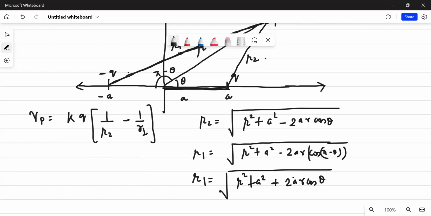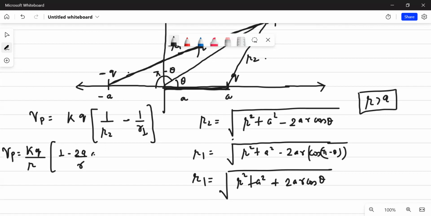Now understand one more thing: what will be the potential at point P. I'll write all these things here. As I've told you, we are only focusing on the case R greater than A. So it would be equal to K Q upon R, and then this will be 1 minus 2A upon R cosine theta plus A square upon R square, raised to power minus 1 by 2.